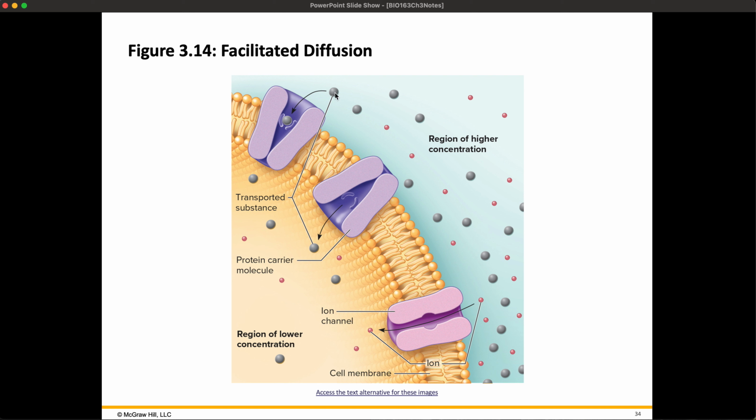And it's very interesting, these structures. So let's say this is a protein right here, it's going to bind to this carrier protein, and when it binds, it causes the carrier protein to actually change structure. So it actually changes its shape, and by changing its shape, it turns into this one here, where now it's open on the inside of the cell versus the outside of the cell. And when it opens on the inside of the cell, it pops the protein out.